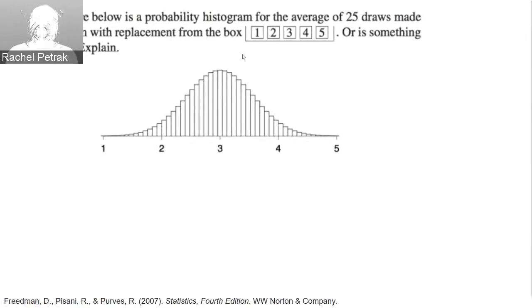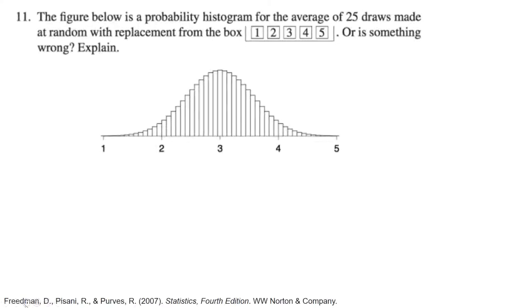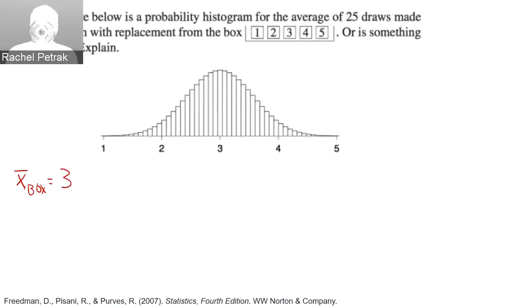Well, what's the average of a 1, 2, 3, 4, 5 box? 3, probably. But we can find the average quickly enough. Yes, it is 3, correct? So we know our mean is 3.